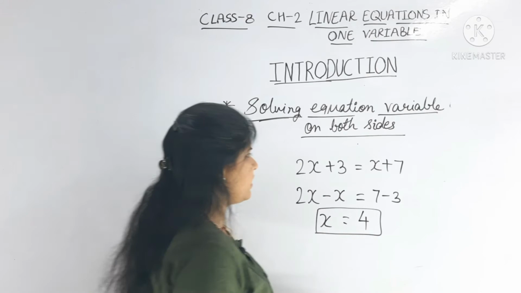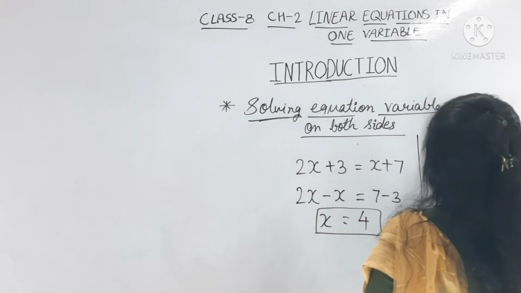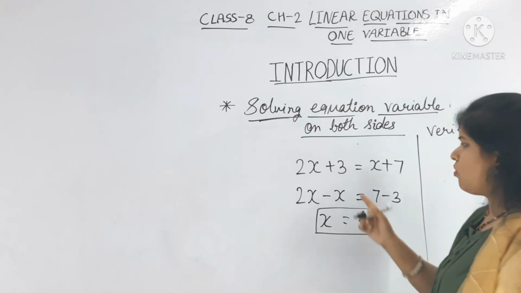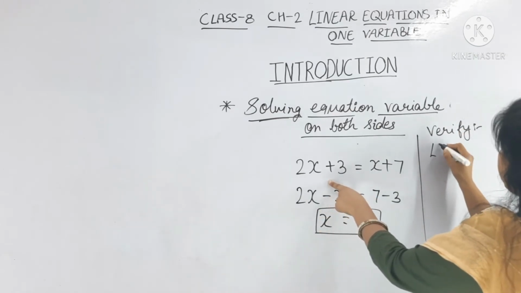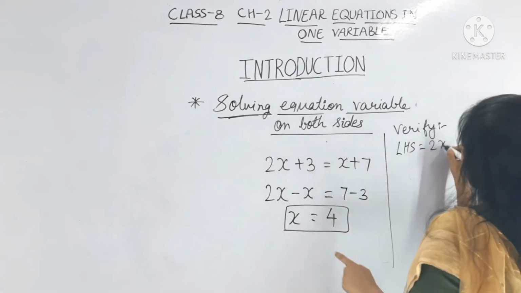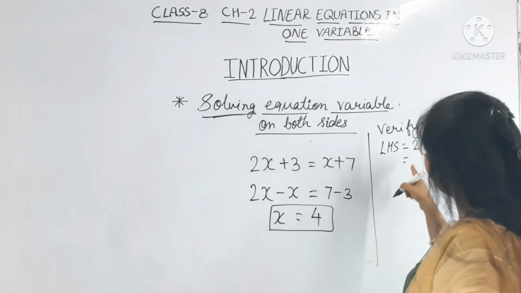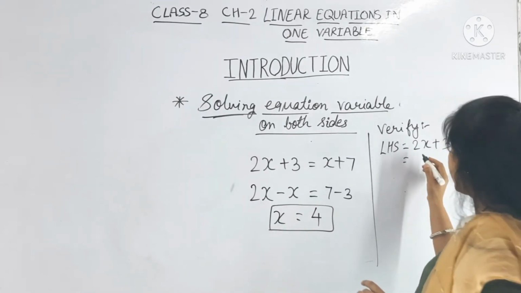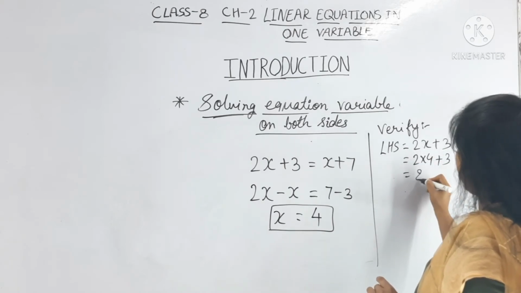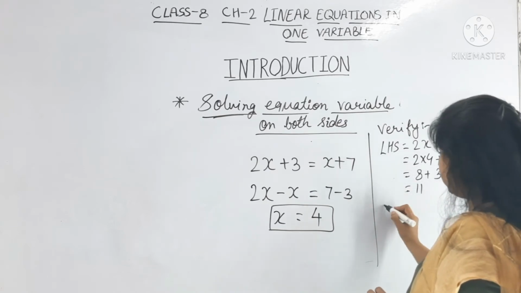You can verify this. You can check whether the answer is right or wrong. For LHS, that is 2x plus 3, x I am getting as 4. So I have to put the value 4 here, that is 2 into 4 plus 3, that is 8 plus 3, that is 11.